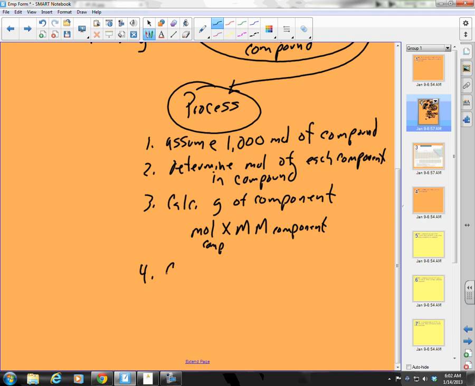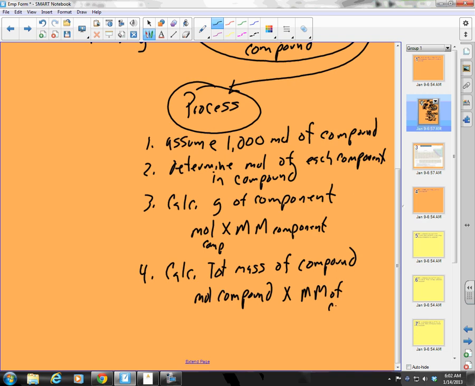Four, I'm going to calculate the total mass of the compound. How? I'm going to take the moles of compound, which is 1, times the molar mass of the compound.